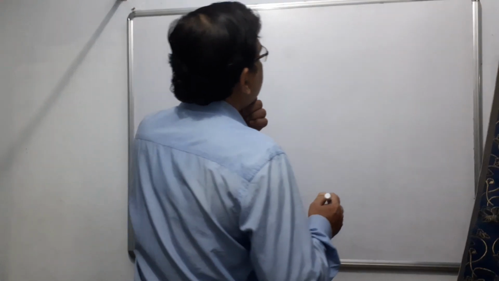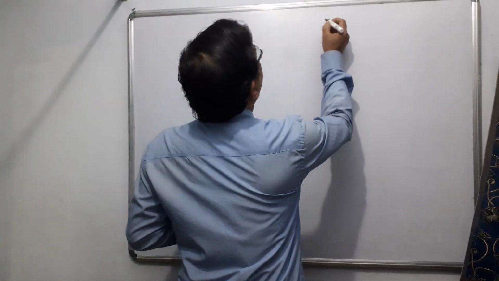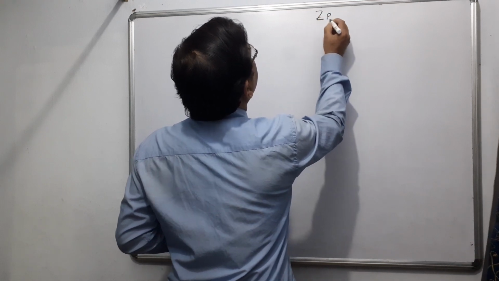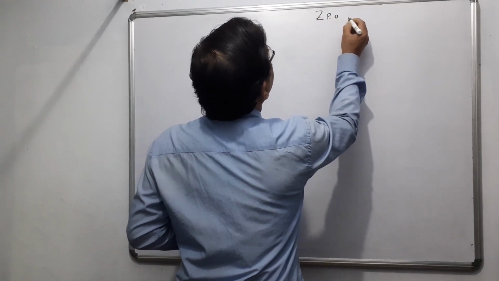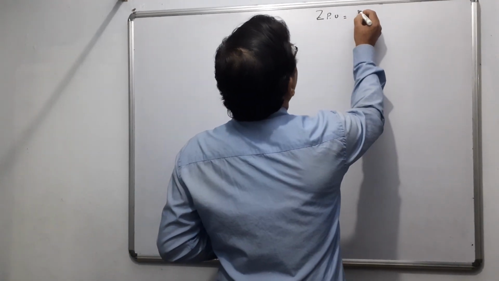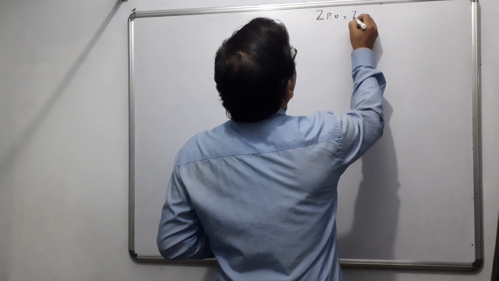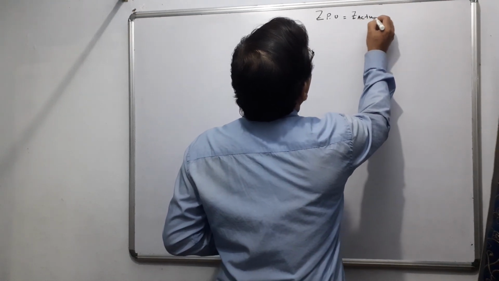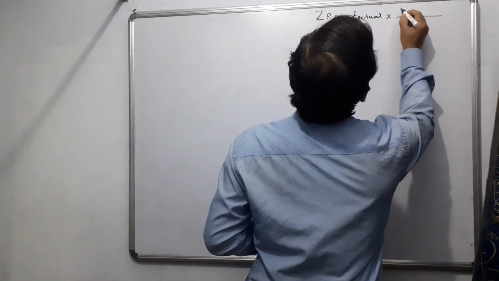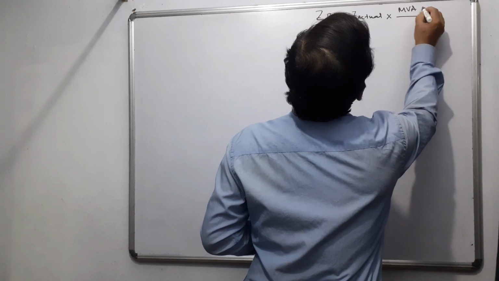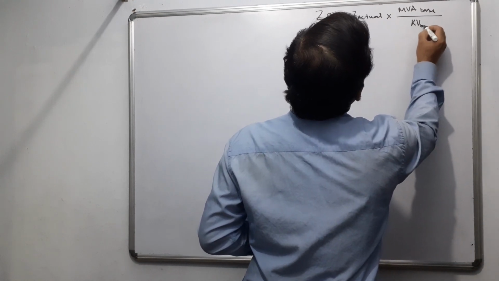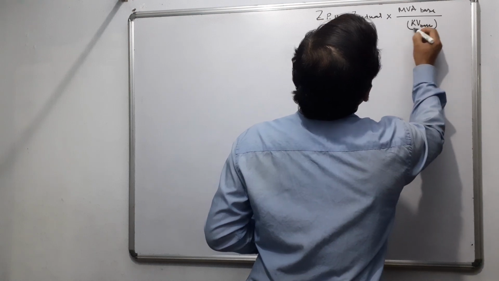Z per unit equals Z actual value into MVA base by kV base square.